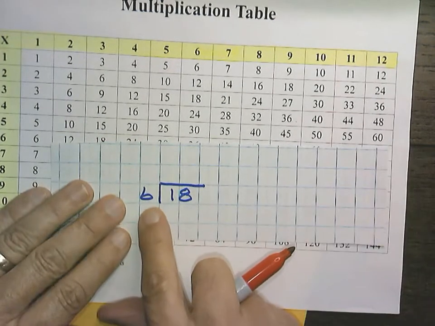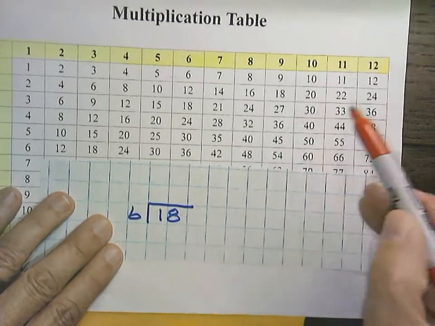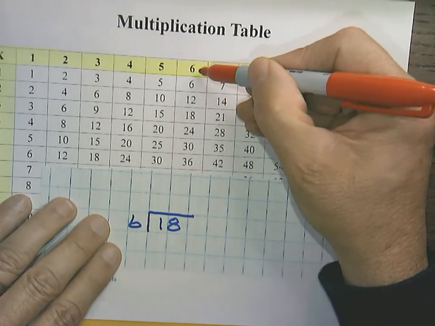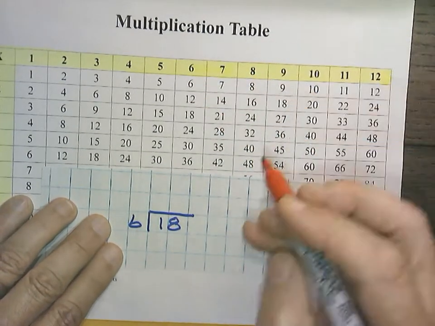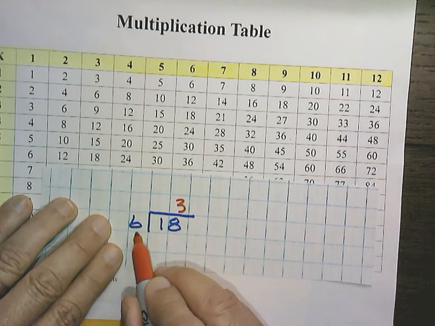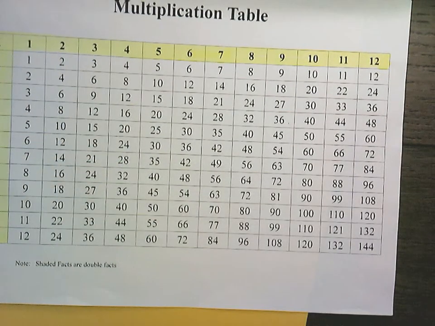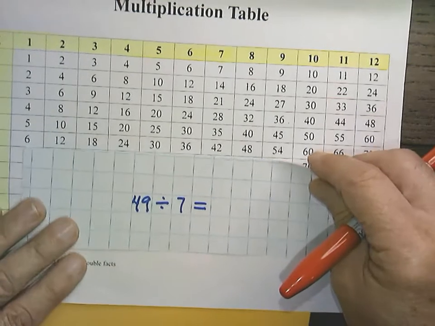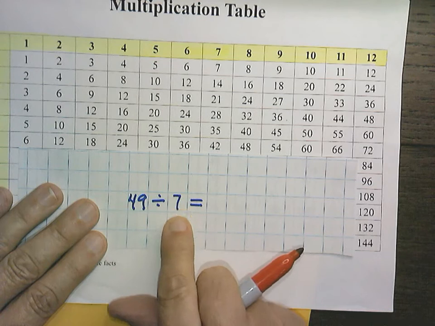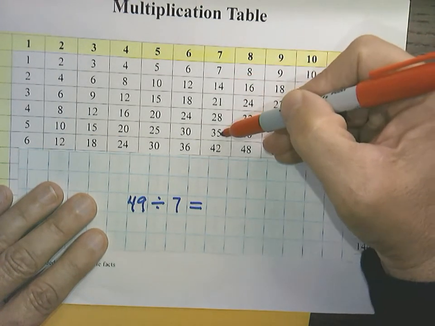18 divided by 6. You say, well, 18, no, you're not going to find 18 here, but you will find the 6. Let's count down to 18. 1, 2, 3. Well, that was easy. I like that one. So 18 divided by 6 is equal to 3. 49 divided by 7. So we're going to follow 7. 1, 2, 3, 4, 5, 6.